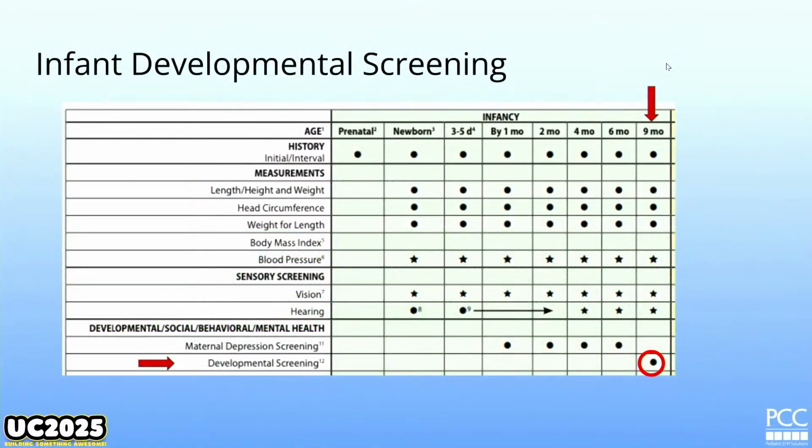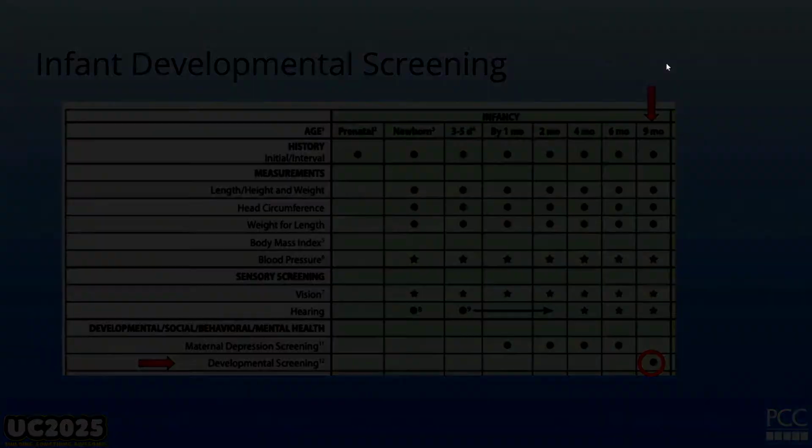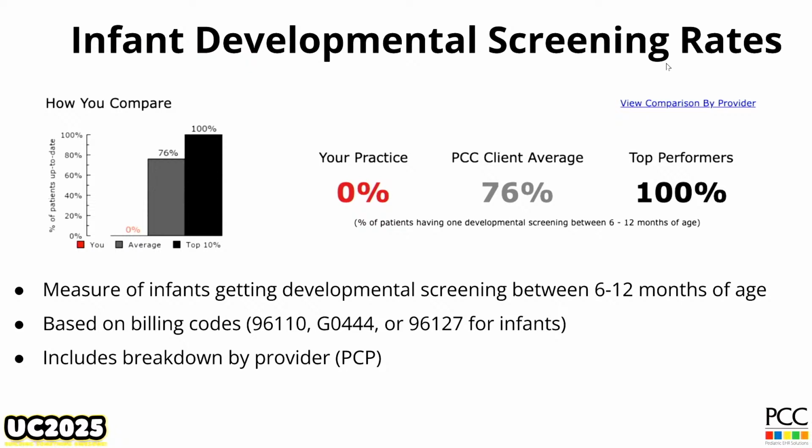Infant developmental screening is another dashboard measure we have, and it's recommended at the 9-month visit according to the Bright Futures schedule. Some people do it at different ages, but the way we calculate it is the measure of infants getting developmental screening between 6 and 12 months of age.